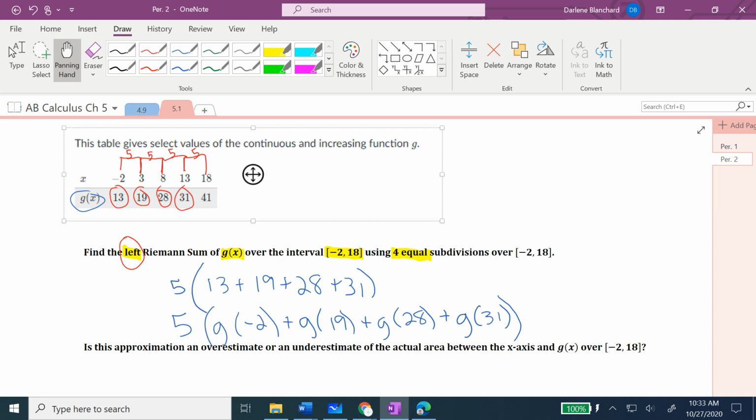Next question. Is this approximation an overestimate or an underestimate? Now, if you are just thinking, okay, what do I need to look at? What matters with left and right Riemann sums being an over or an underestimate?